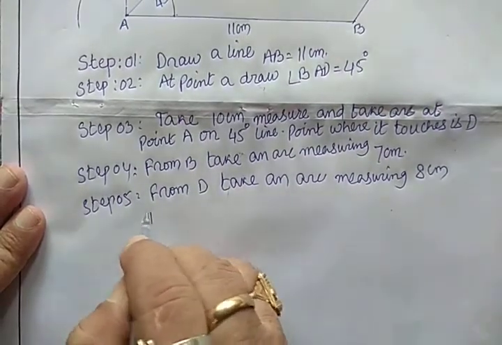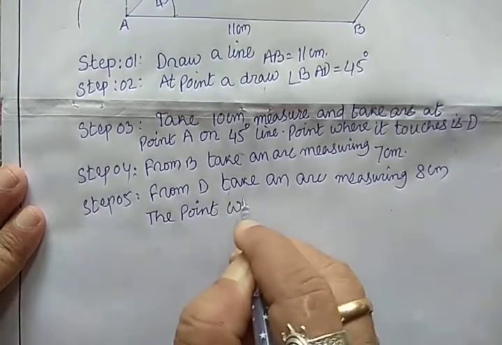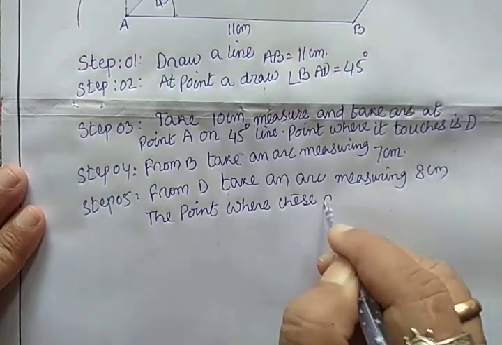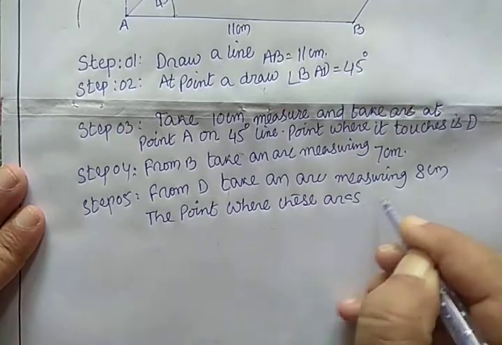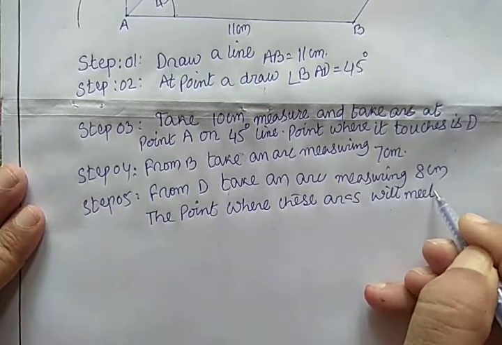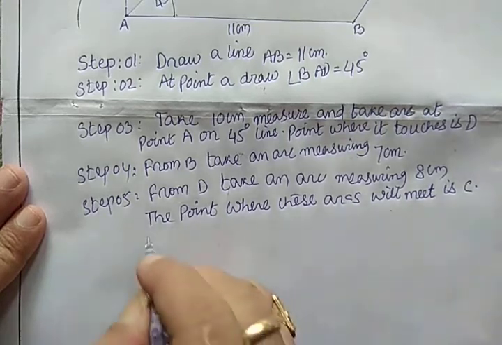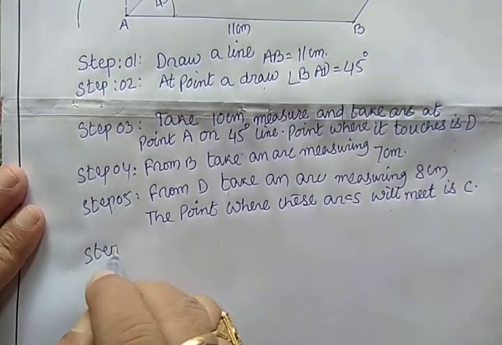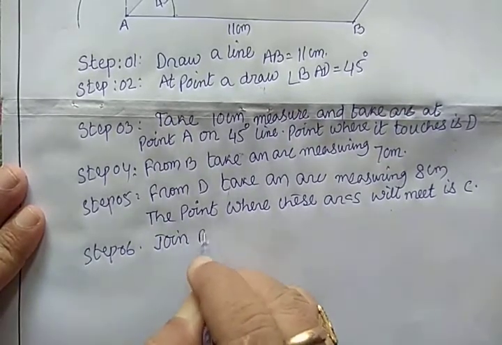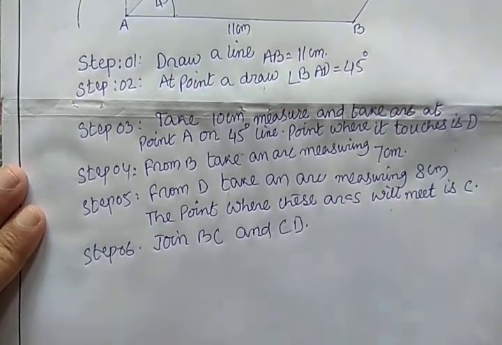The point where these arcs meet is C. Step 6. Join BC and CD.